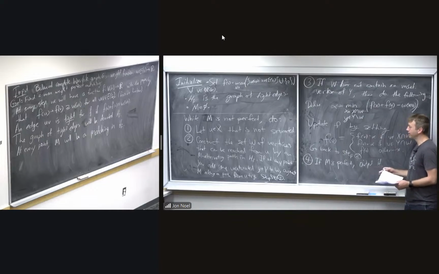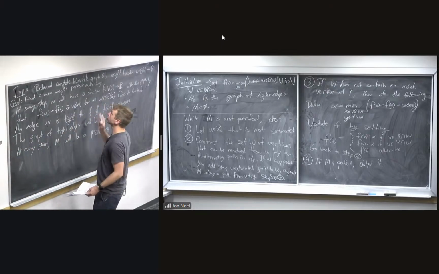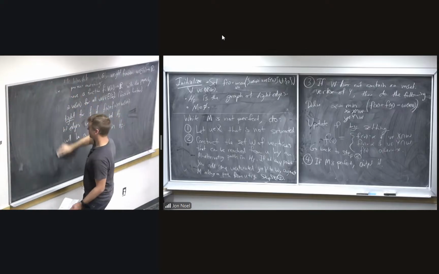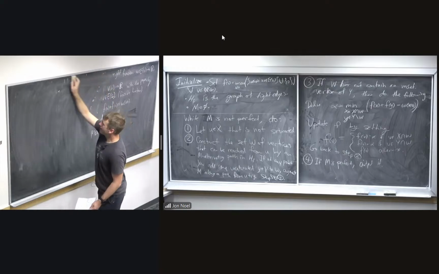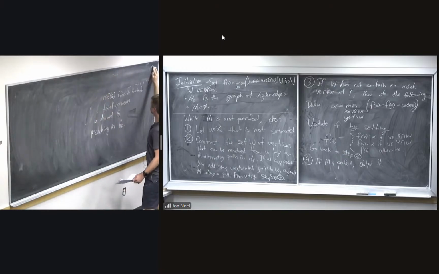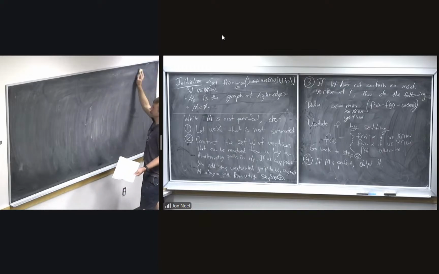Okay, so let's try to argue to ourselves that this is going to work. So I think everything in step 1 and step 2 and step 4 is kind of clear.